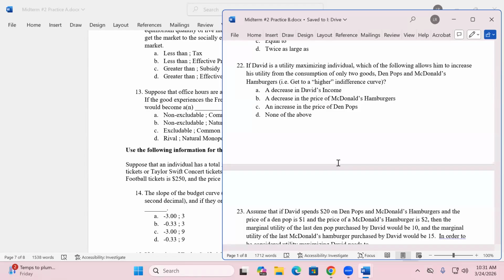Sorry, it was taking me a moment. I understand what you're asking now. So to figure out how much I buy, the other thing I would need to know is how much income do I have? So I think this will hopefully help us out.